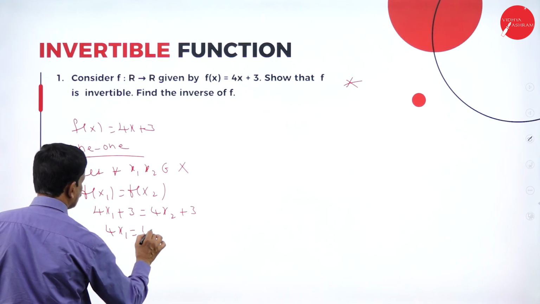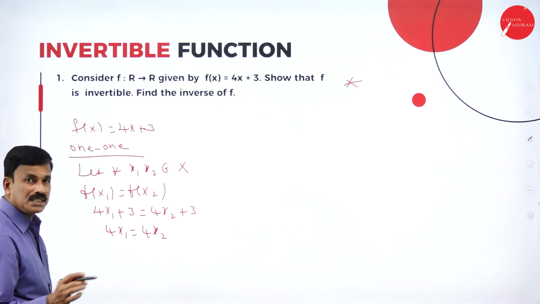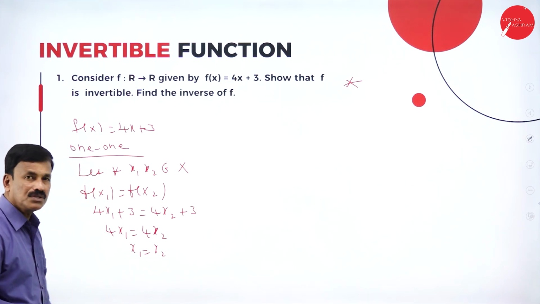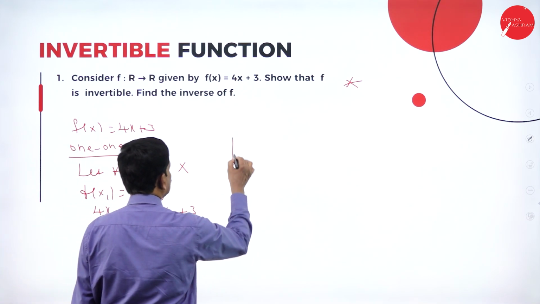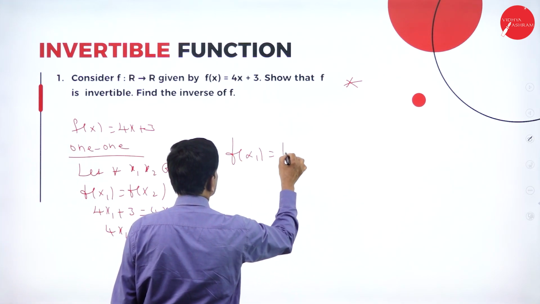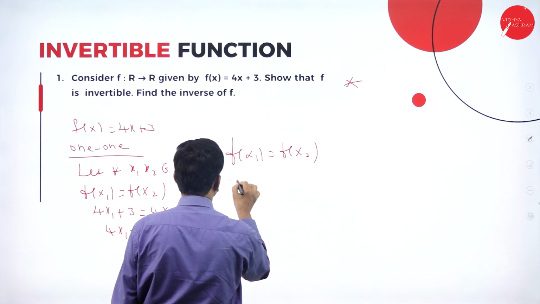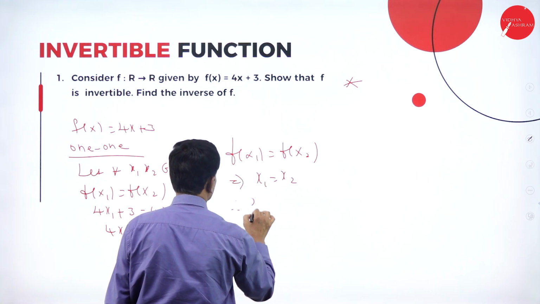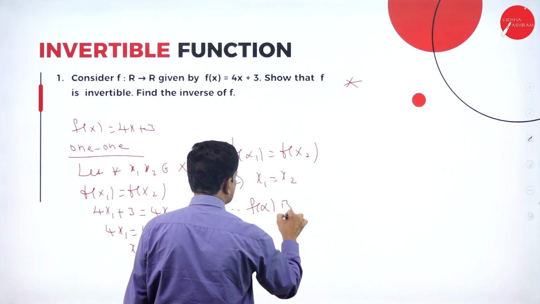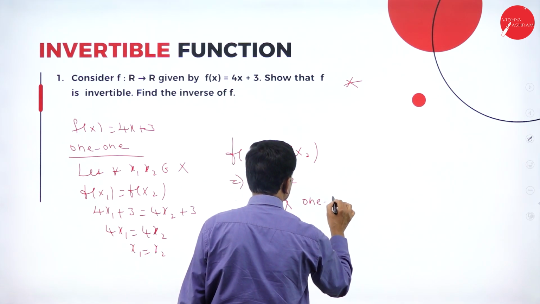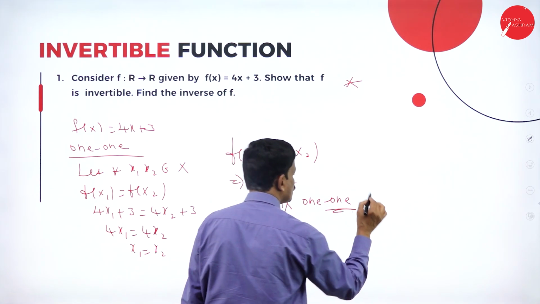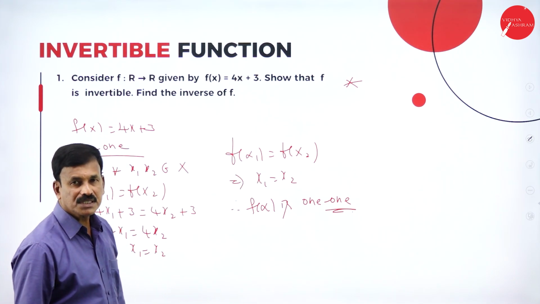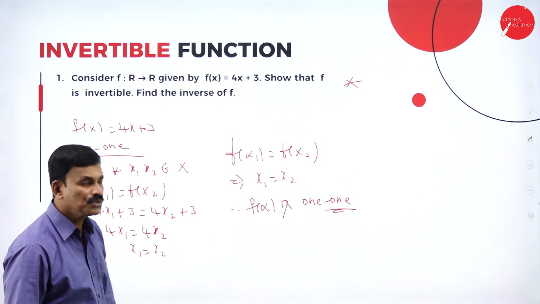You will get 4x1 = 4x2. Divide by 4, then this becomes x1 = x2. What is the meaning? So f(x1) = f(x2) implies x1 = x2. Therefore, f(x) is a 1-1 function. So that is the first part of the problem. Now second, verify whether it is onto or not.